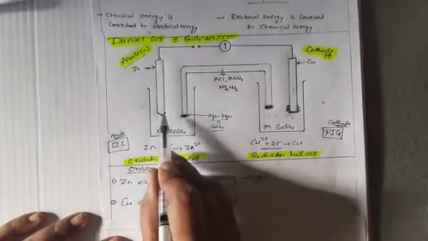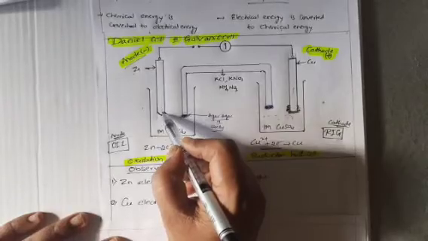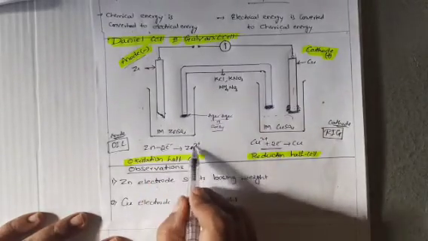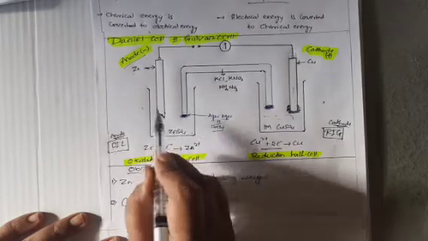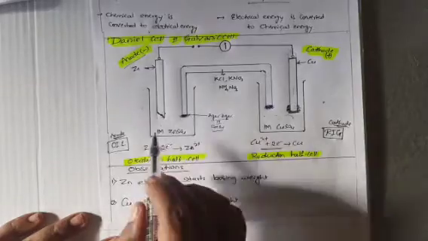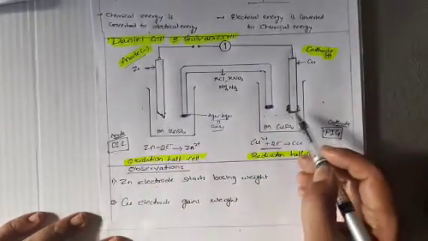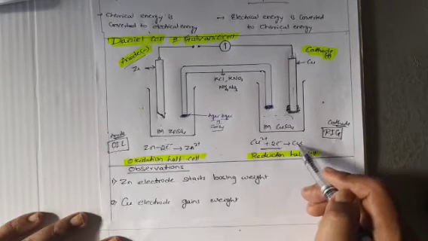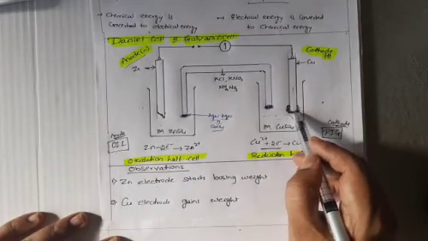And in the first observation, the zinc electrode loses weight because electrons are removed from the zinc and it is converted into Zn2+ ions. This Zn is converted into Zn2+, that's why it loses weight. And here the Cu2+ ion gains 2 electrons and is converted into copper, so that's why it gains weight. These are the two observations.